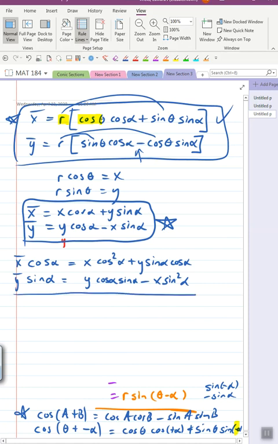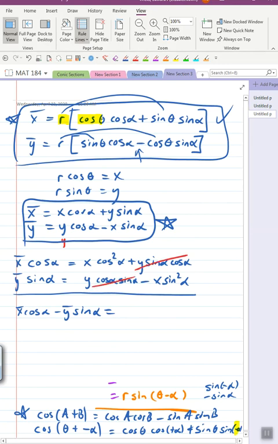Do you see what would happen if you subtracted the second equation from the first equation? On the left side you would have x bar cosine alpha minus y bar sine alpha equals, okay, what would happen over on the right side when you take the bottom equation away from the top equation?